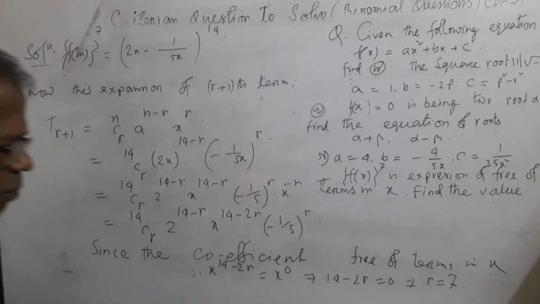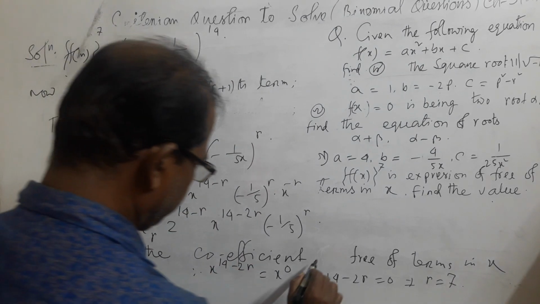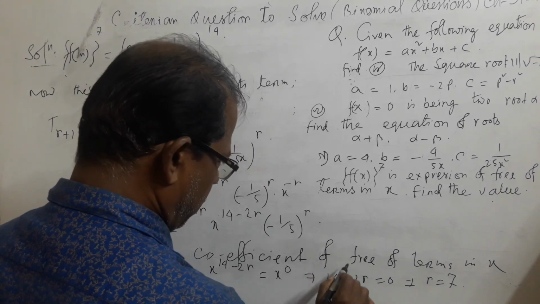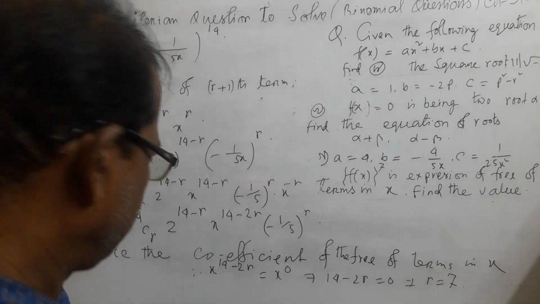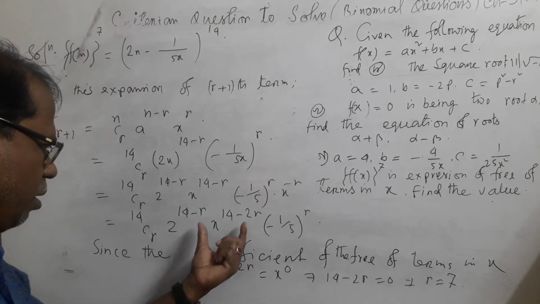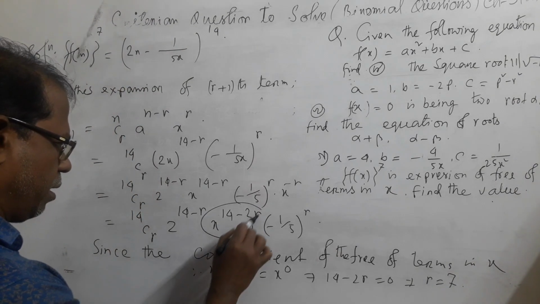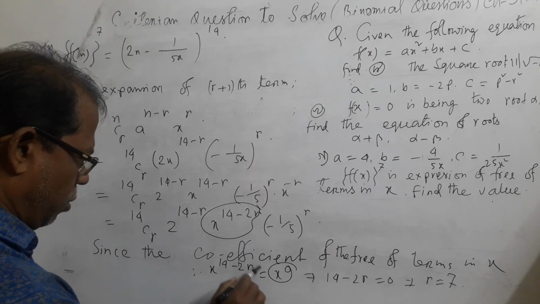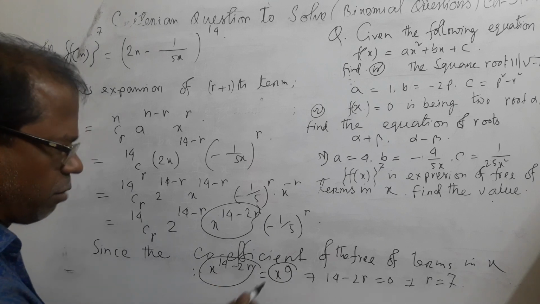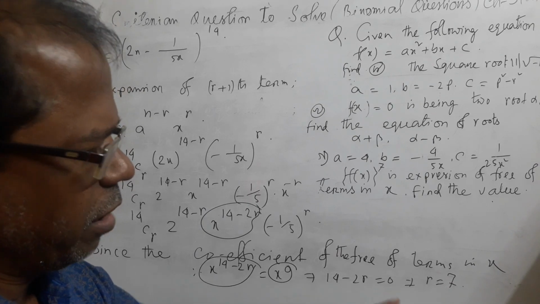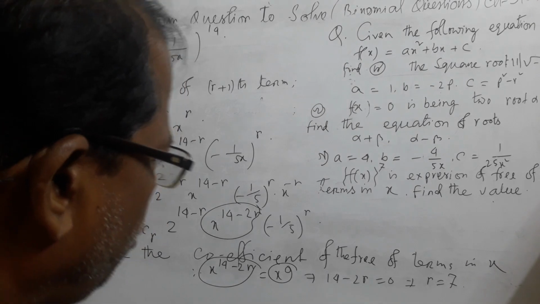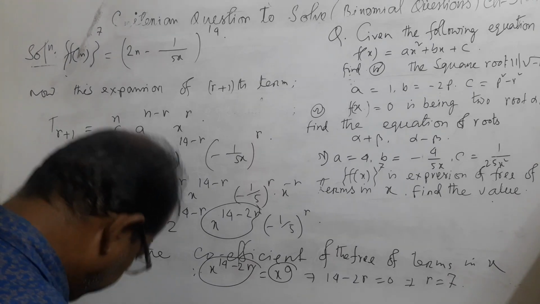Since the coefficient of free of terms in x, x to the power 14 minus 2r equal to x to the power 0. That's why 14 minus 2r equal to 0. So r equal to 7.